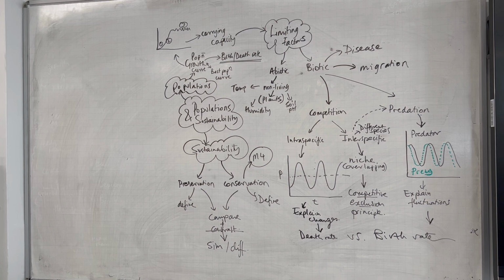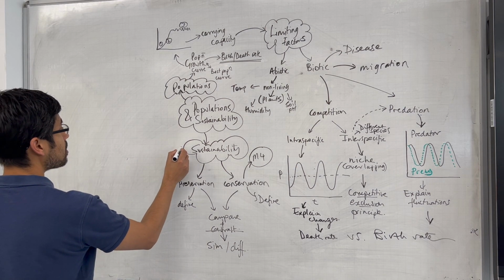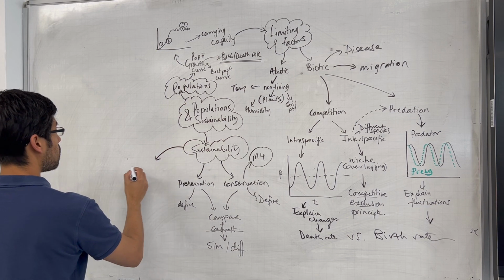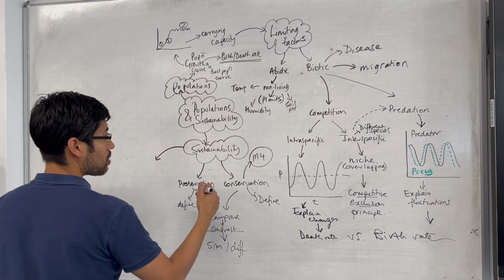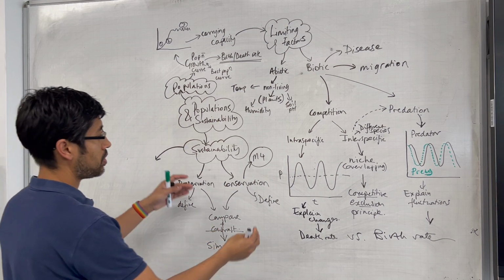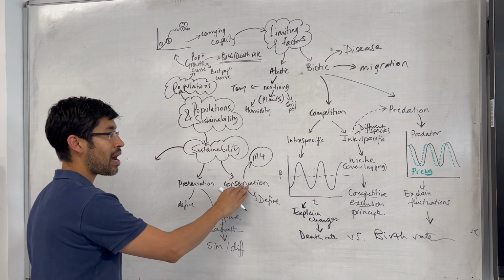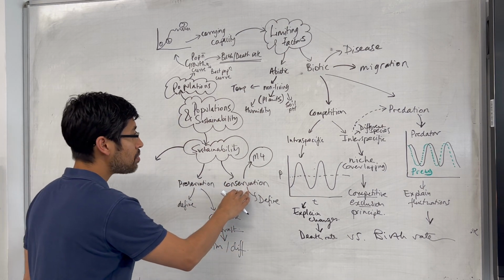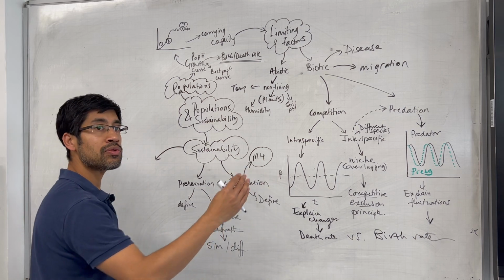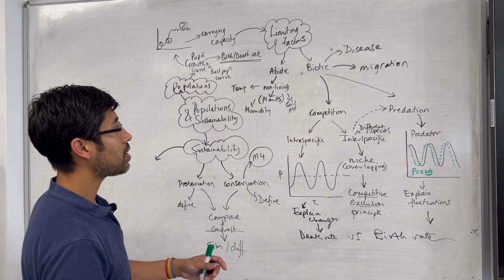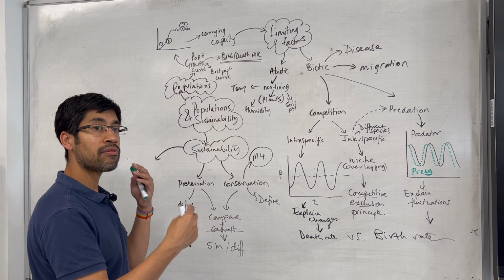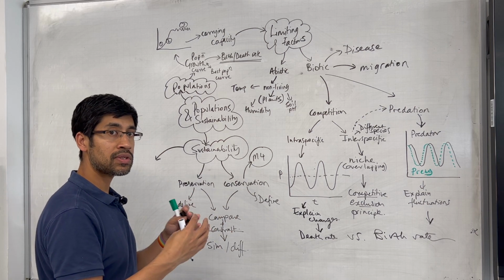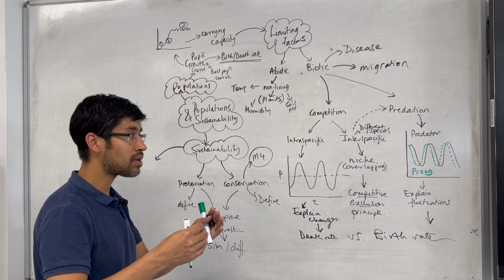Then we move on to sustainability proper. One of the reasons why we're in a situation where we have to do a lot of conservation is because we have used our resources in an unsustainable way. Remember, in biodiversity, we looked at the factors affecting biodiversity, both species and genetic.